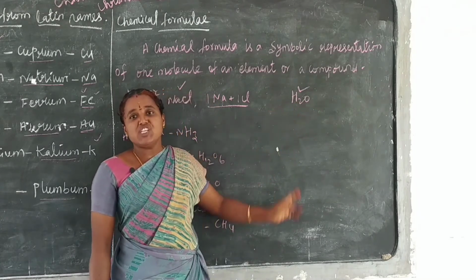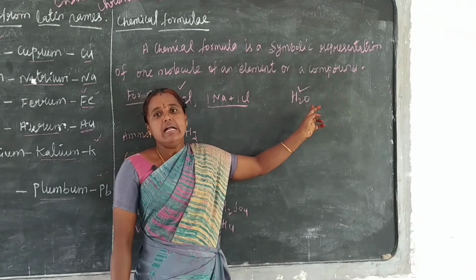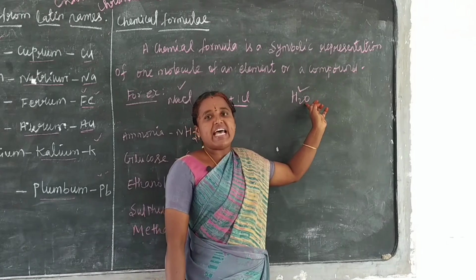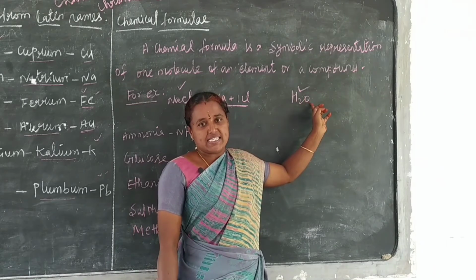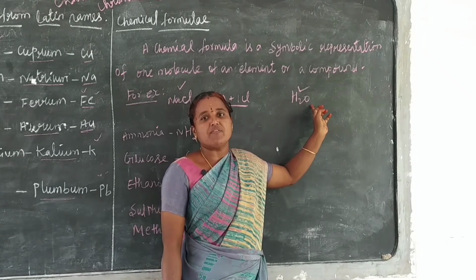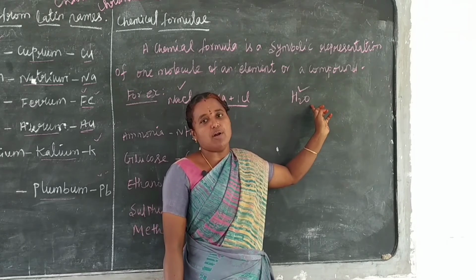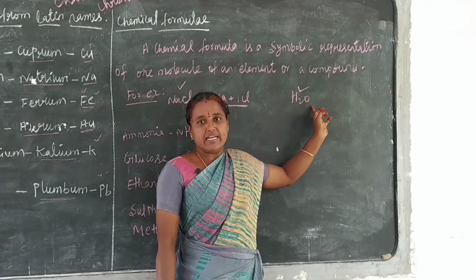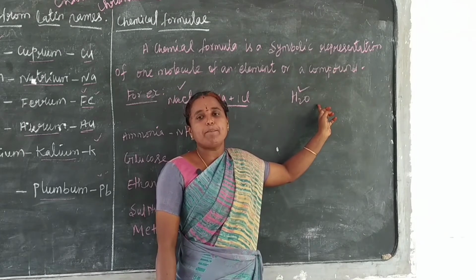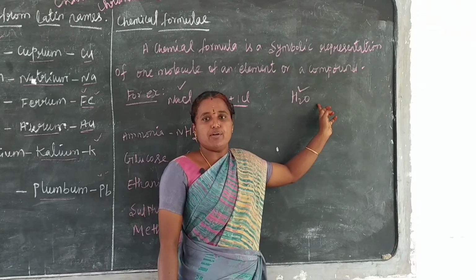Next, when there is no number near the oxygen symbol, it means that there is only 1 atom of that element present in the molecule.